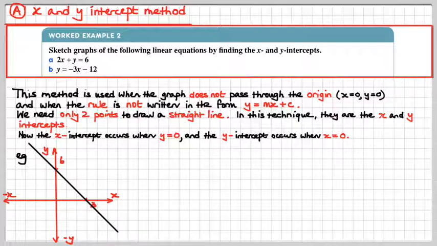Now, there's a graph. You see how I only need 2 points to do it? That's why this is a sketch graph. I want to illustrate the point that at the y-intercept, where y equals 6, if you draw a vertical line from that point, you will hit the x-axis at 0. So whatever value the y-intercept is, dropping vertically from that point, you will hit 0 on x.